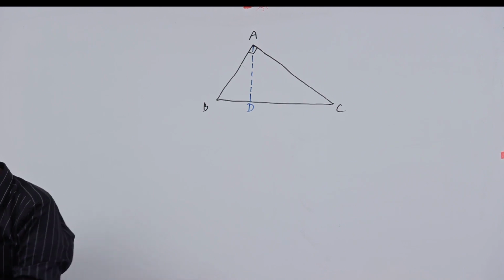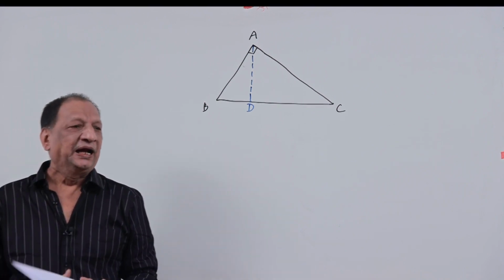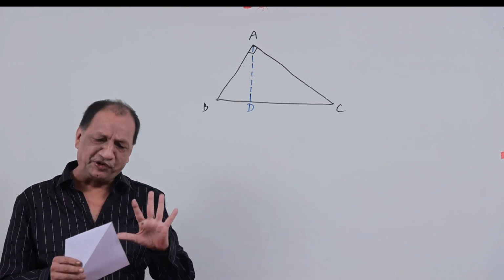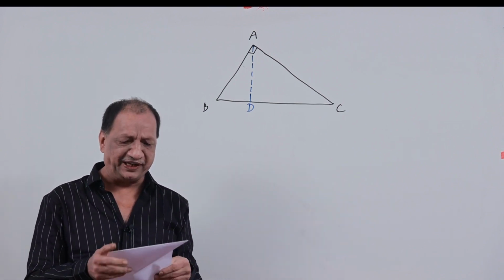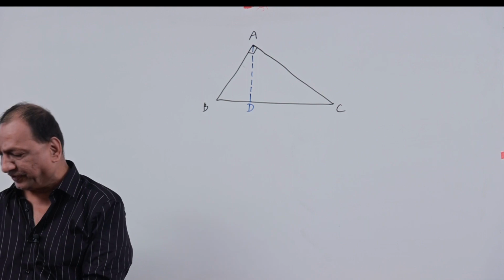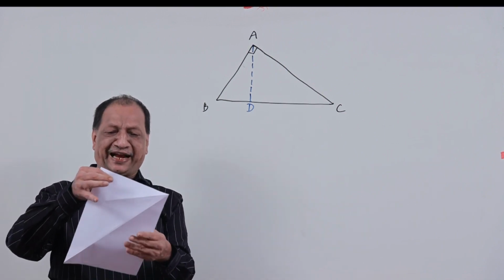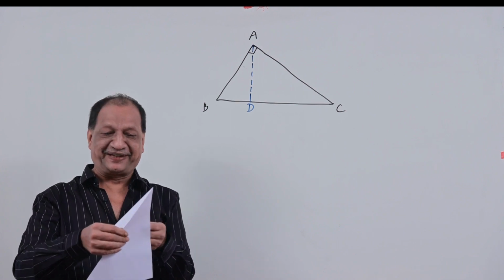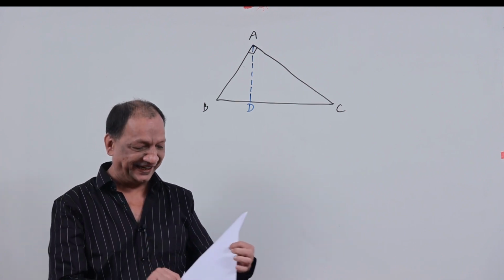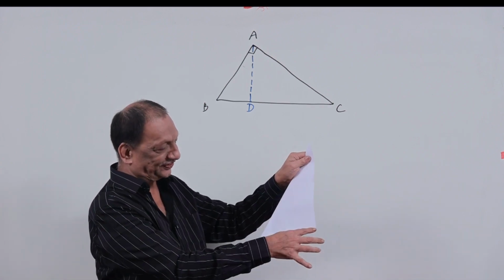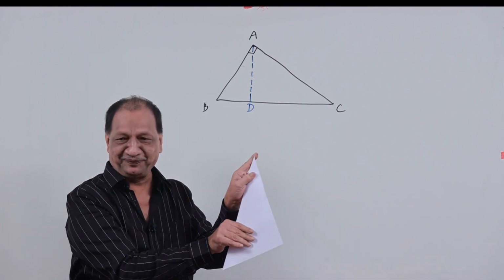I'll show you a demonstration for it. Now I want a right angle triangle with 2 different sides, not equal sides, so I take a rectangular sheet of paper and fold it on a diagonal. Correct? That's what I did. So now I got a right angle triangle with a longer side, a smaller side and the hypotenuse.